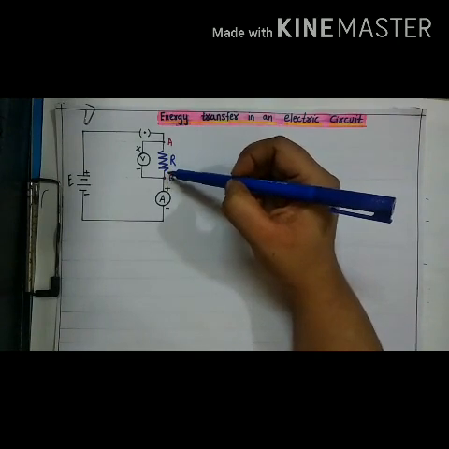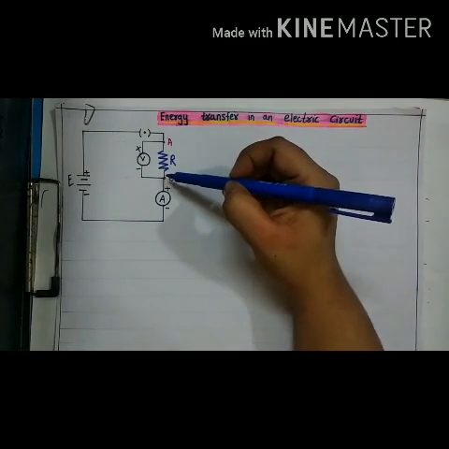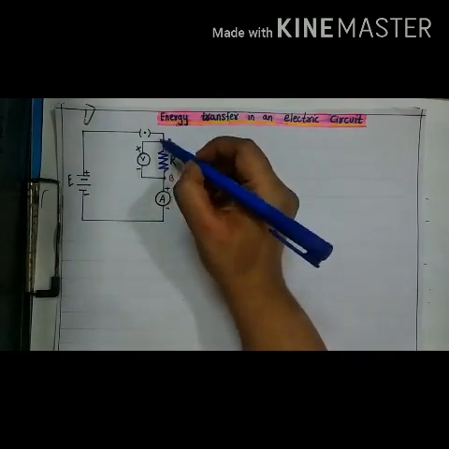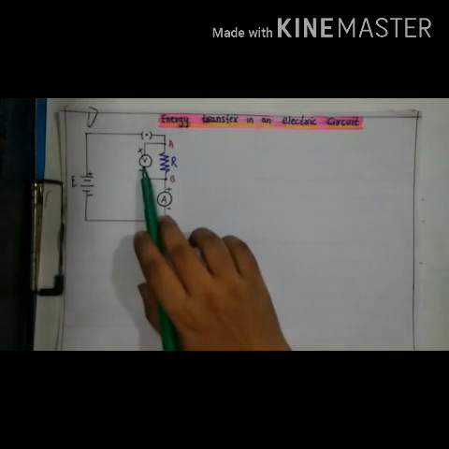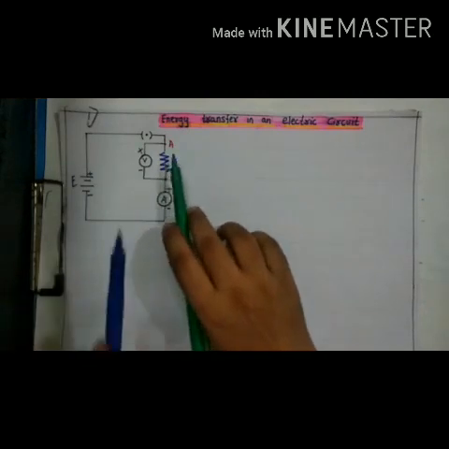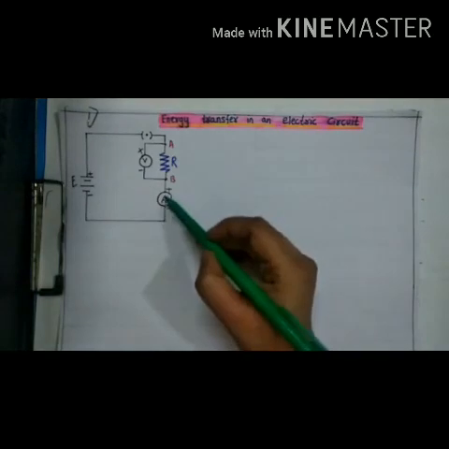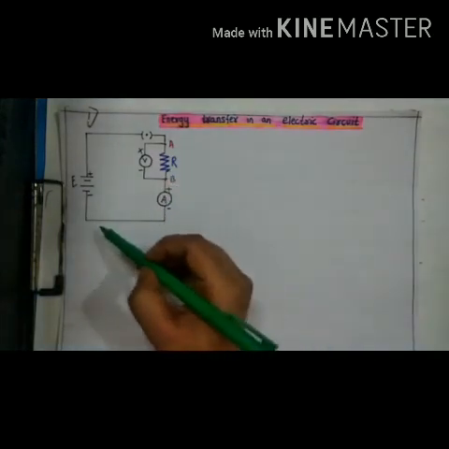Now, how much potential difference does AB have? To measure that, it has to be joined with a voltmeter. Students, always remember, the voltmeter is connected with the resistance in parallel and the ammeter is connected with the resistance in series.